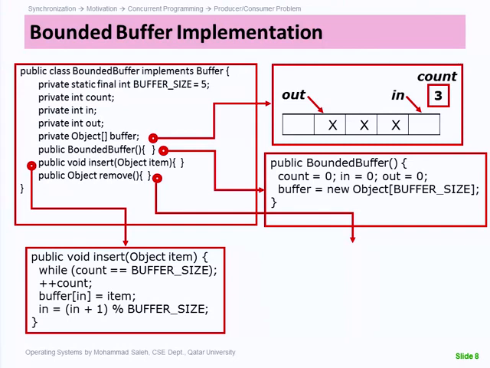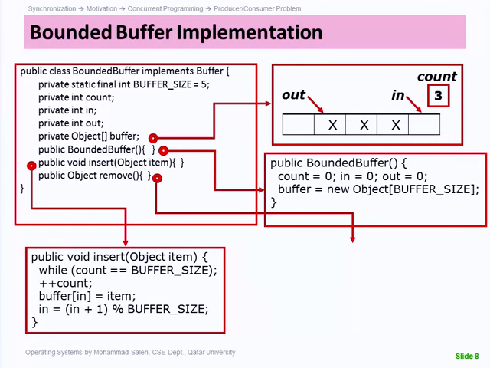What does it mean when it is blocked? What does it mean blocked? It means it does not return, because the one who's gonna call this method is whom? The producer. Okay, the producer is gonna call the method of this class, bounded buffer, right? And if it returns, it means the producer already inserted, right?